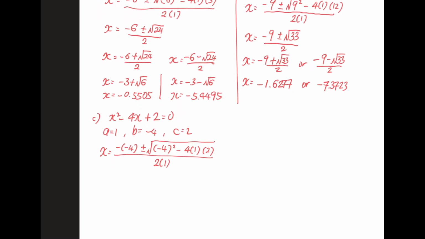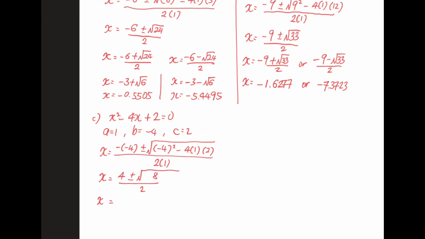Again, we simplify everything in the square root. So basically we have 16 minus 8, which is square root of 8 over 2. Before we separate, let's simplify it first.